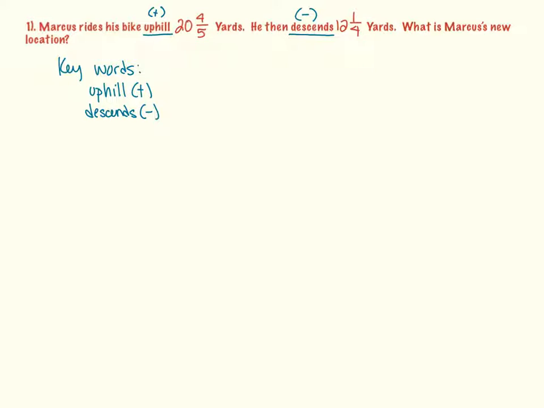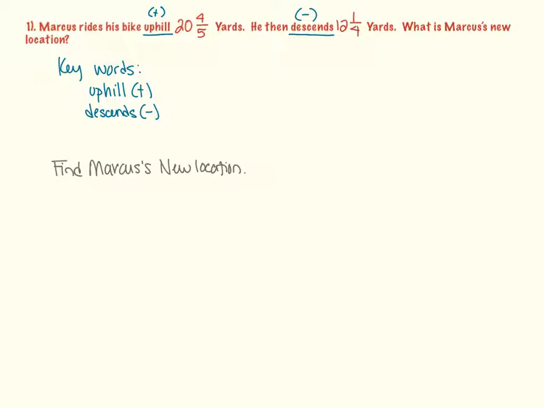Okay, next, when it comes to what are you asked to find? Well, basically, this is just the question, okay? We need to find Marcus's new location. Okay, so how are we going to find that? We're not going to solve the problem just yet. We basically just need to understand the problem.